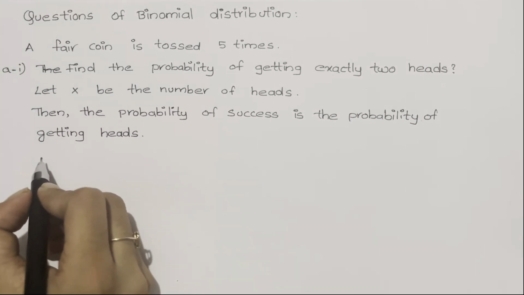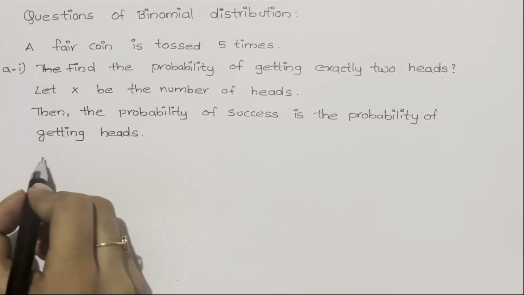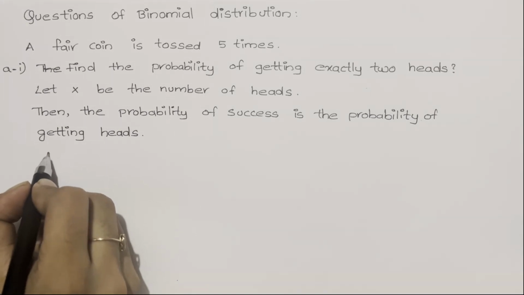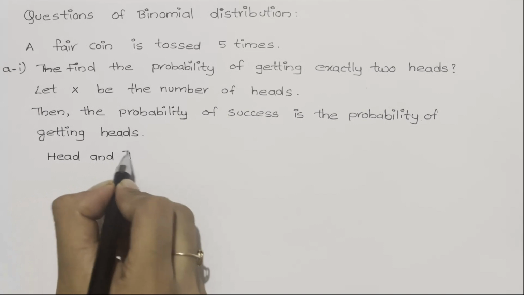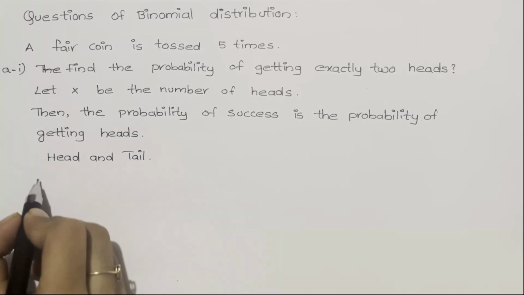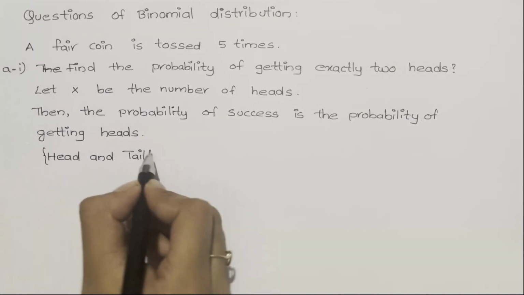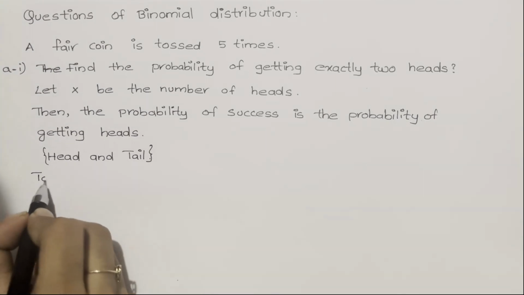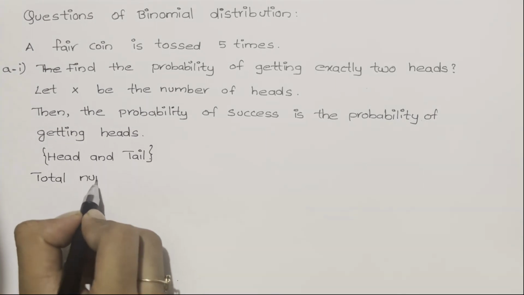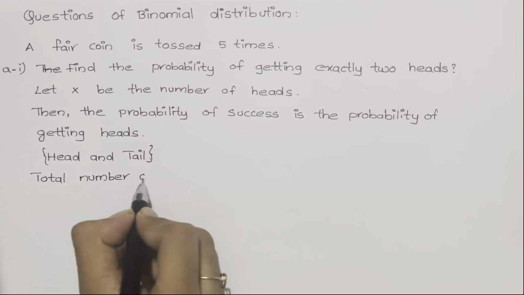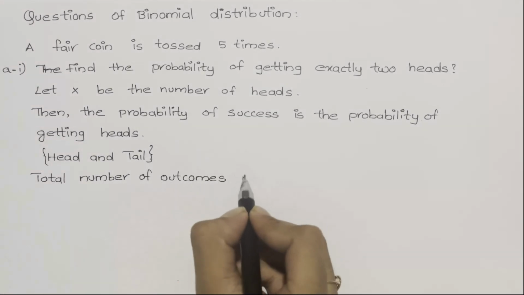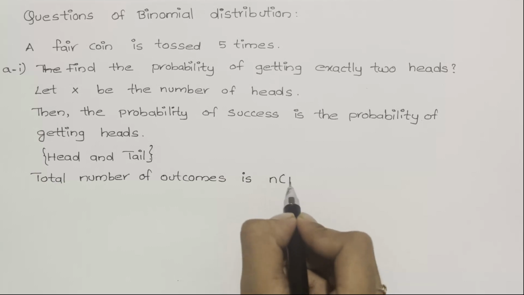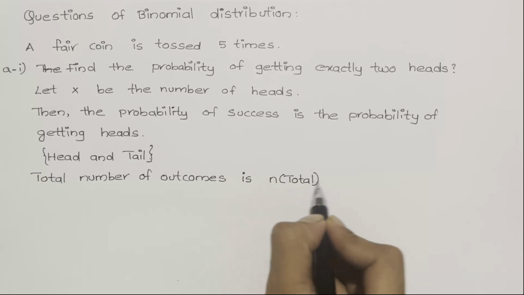We know that when a coin is tossed, the outcomes are head and tail. Thus, the total number of outcomes is two.